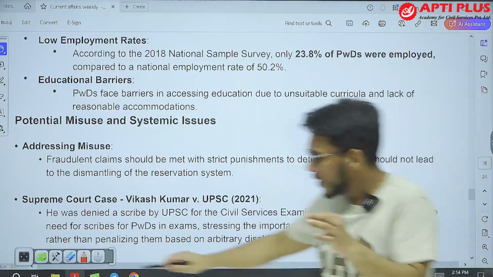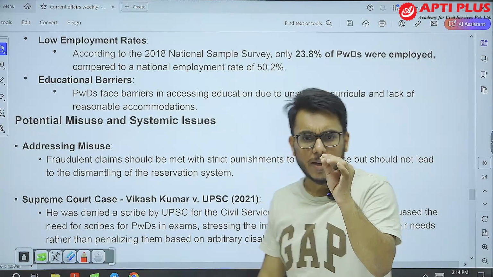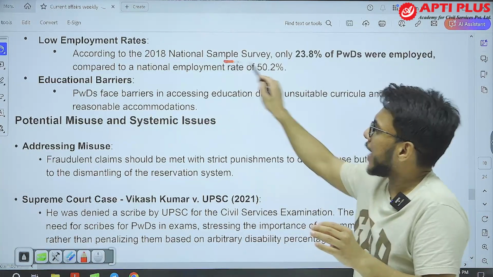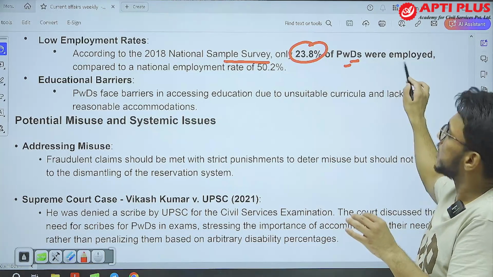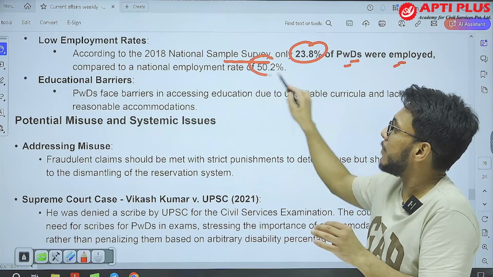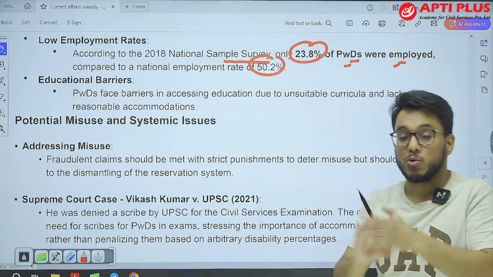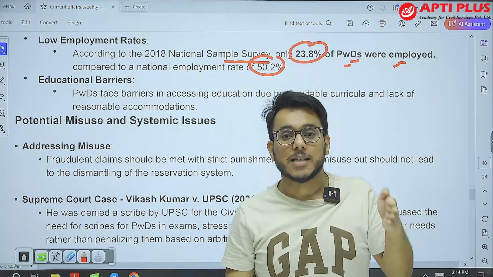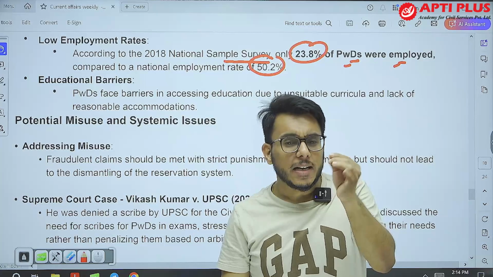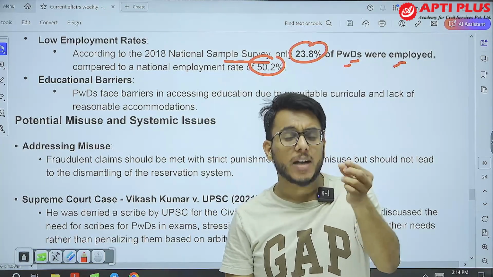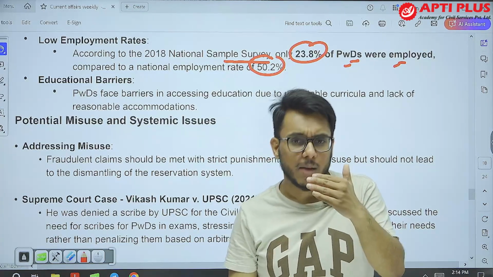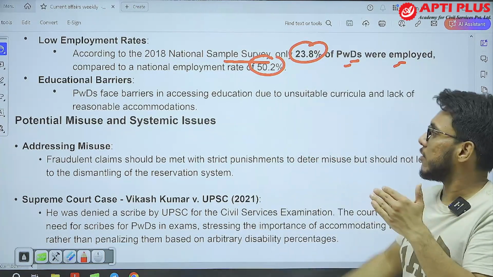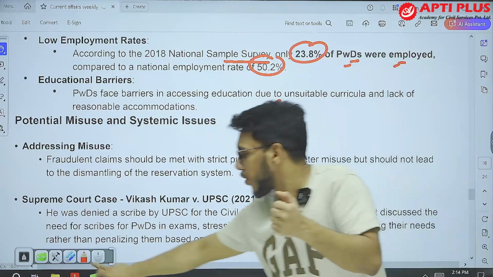Moreover, according to the national sample survey, 23.8% of persons with disabilities were employed compared to the national employment rate of 50.2%. You see, it is less than half. Only about a quarter of people are employed. So it is very important to give them a level playing field with the help of reservation. Educational barriers we have already discussed.